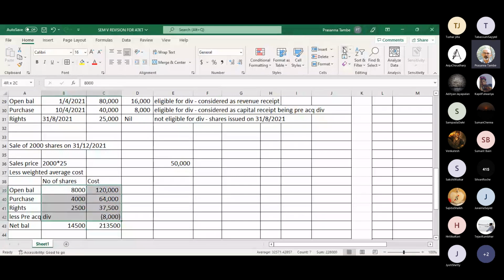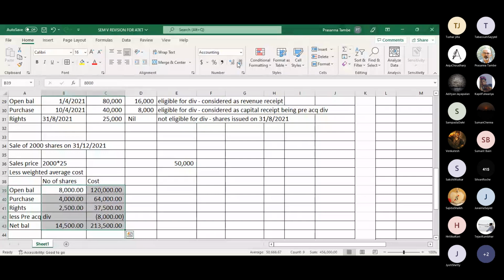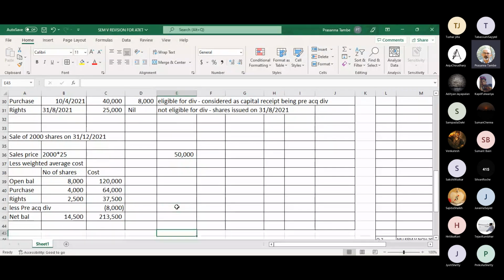This is the data for the calculation of weighted average cost. Have you understood this data? Yes. Have you followed the details? Yes, sir.